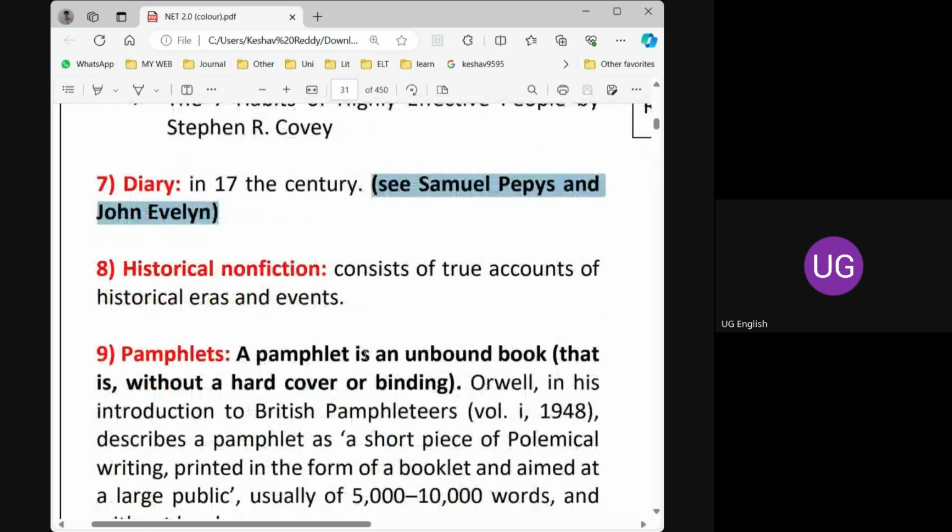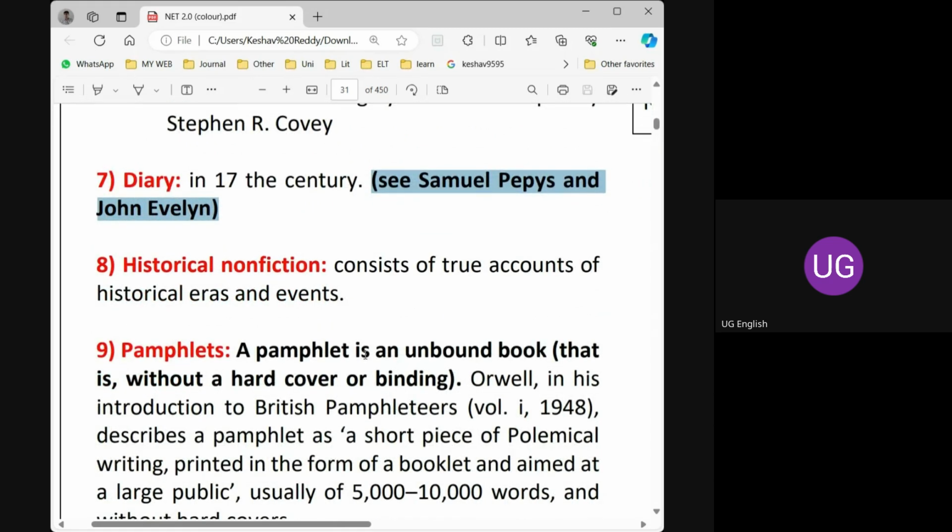And historical non-fiction is based on historical events. True historical events are included in historical non-fiction works. For example, Salman Rushdie's Midnight's Children is purely a fictional work, but some historical incidents are mentioned in it, like the independence of India, because the Midnight's Children are born at midnight on the day of independence, 15th of August at sharp 12.